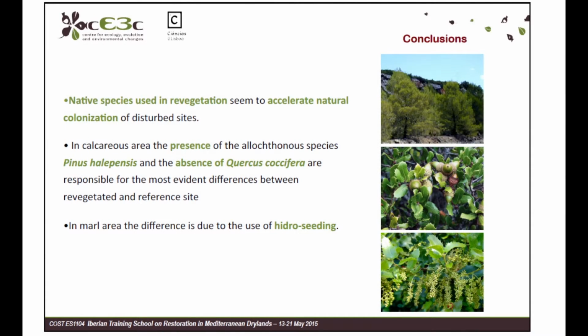In limestone, the presence of Pinus halepensis was the main difference between the reference site and the restored sites, and also the absence of a species that is present in high cover in natural sites, but that we have slight problems in getting in the quarry. In marl, the main difference was due to species introduced by hydroseeding, namely in the more recent sites.